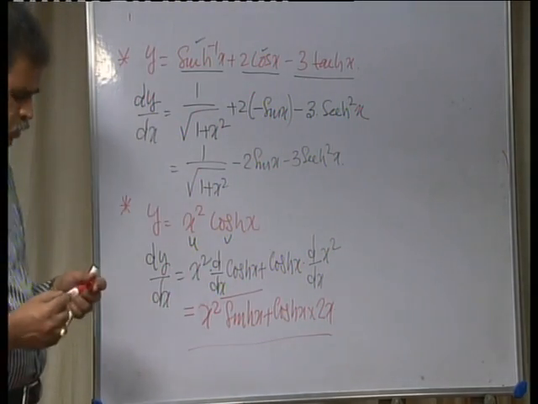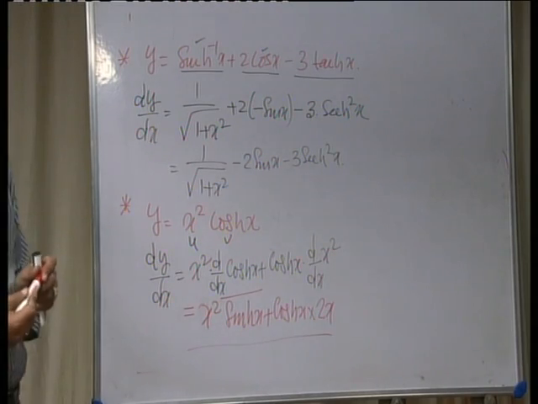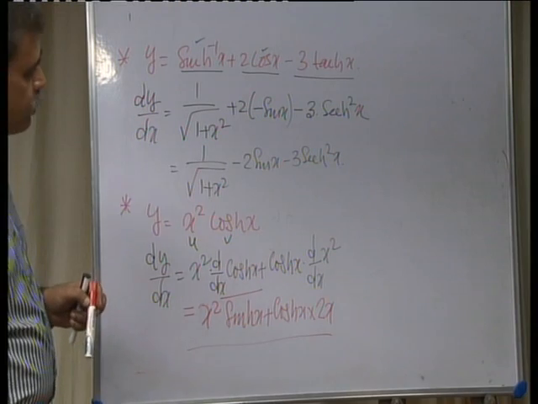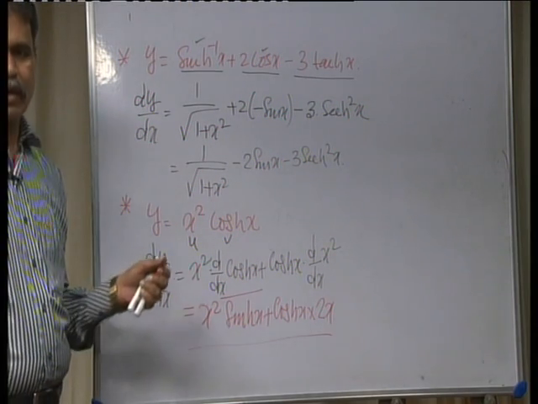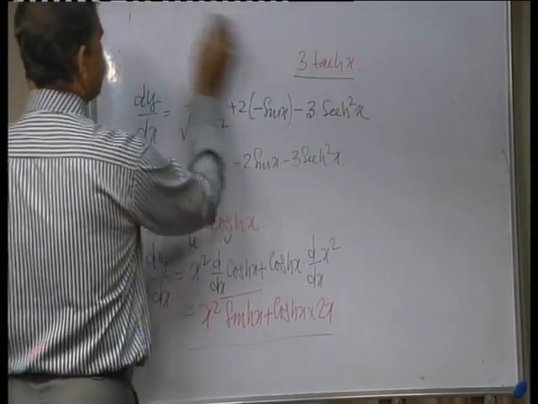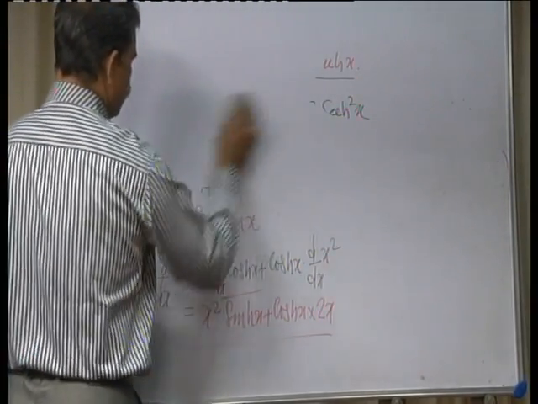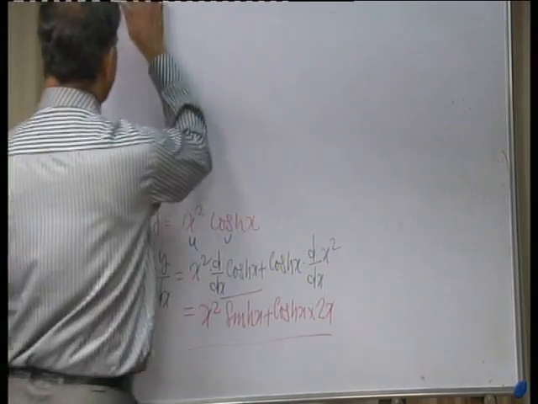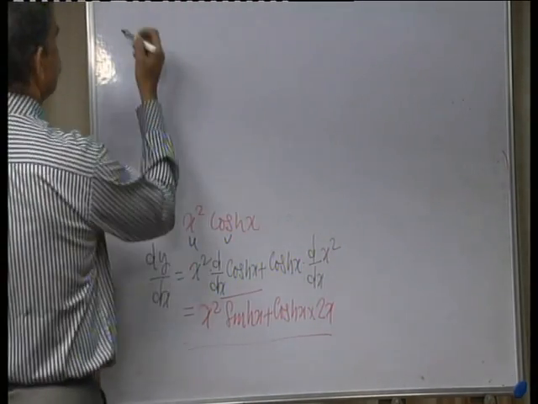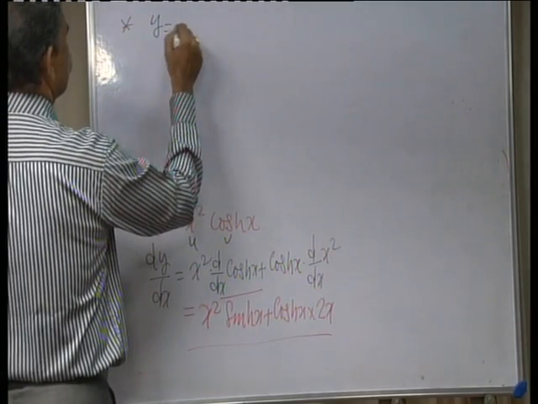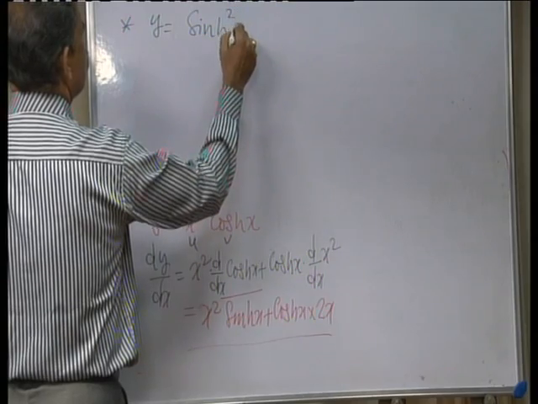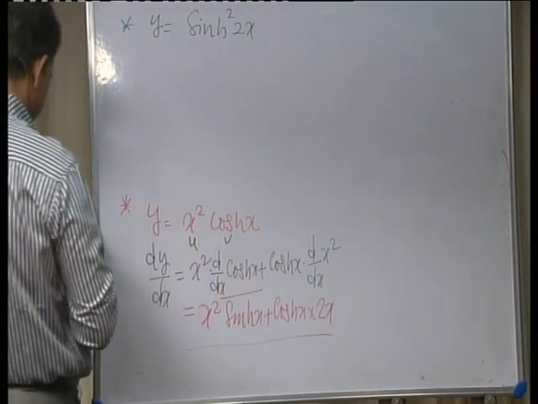See, we have to follow all the rules: sum rule, product rule, quotient rule, differentiation of implicit functions, chain rule, everything we have to include for hyperbolic functions. Then take another example, y is equal to sinh square 2x.